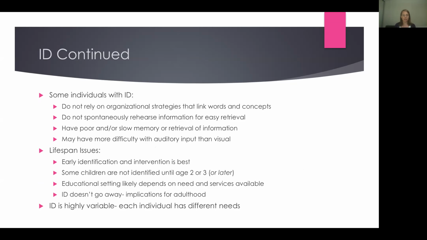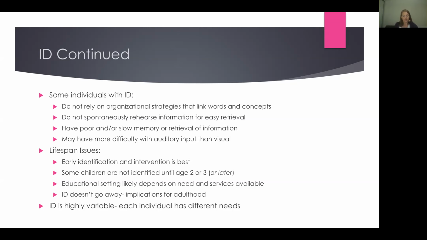Their memory can be poor or slow, and that's the same thing that you see when they're trying to retrieve information from their brain. It's a slower process than it is for most people. And we find too that they may have more trouble with auditory input, so understanding things that are said to them, for example, compared to visual input, so understanding pictures and signs.